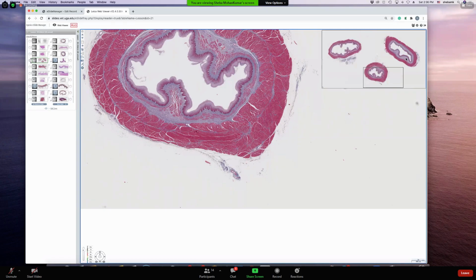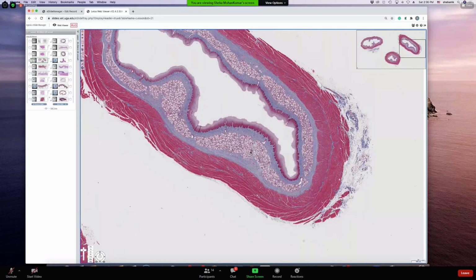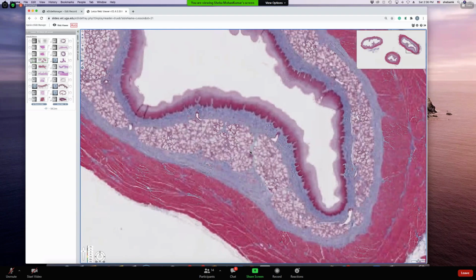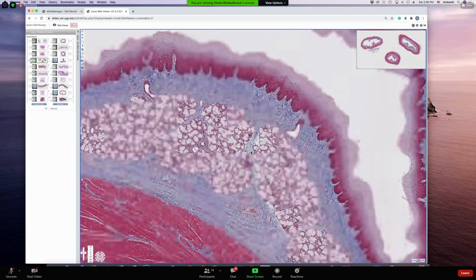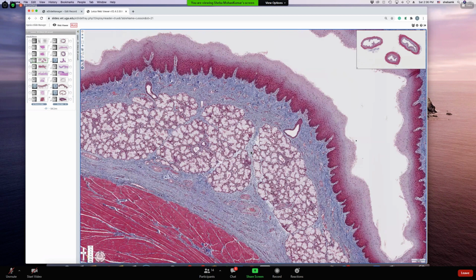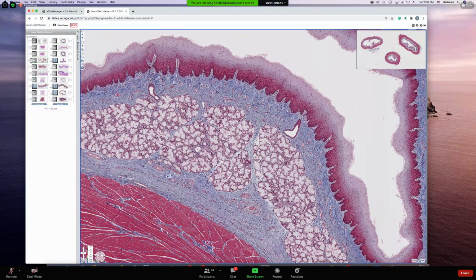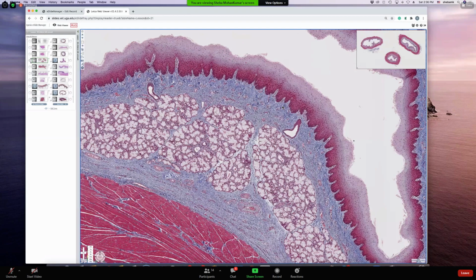But there is another part of this esophagus right here. Does this have a lamina muscularis mucosa? No. So what would you call this whole thing? Propria submucosa, and all these are submucosal glands.